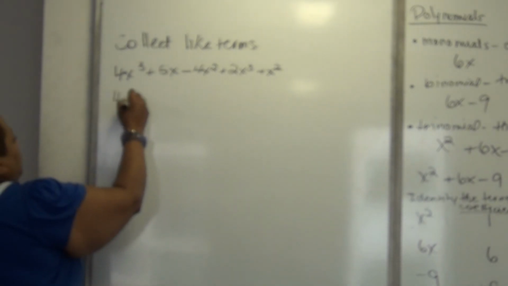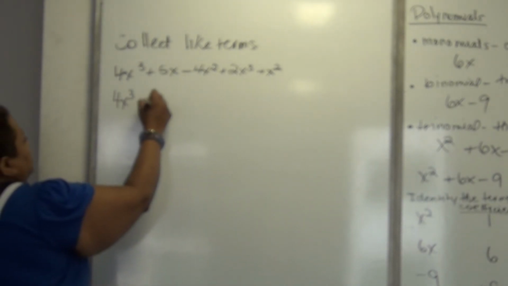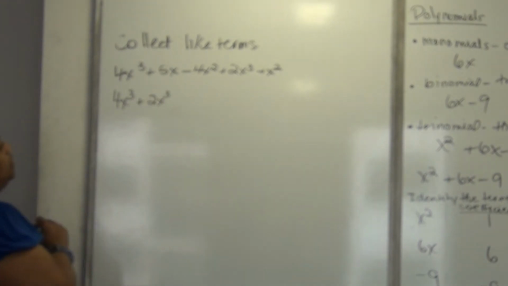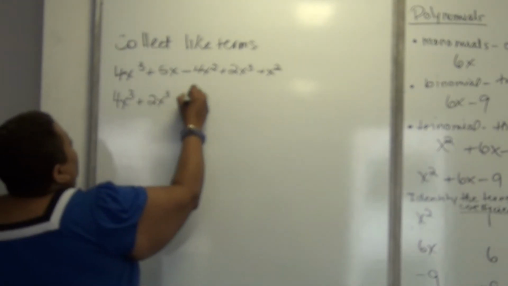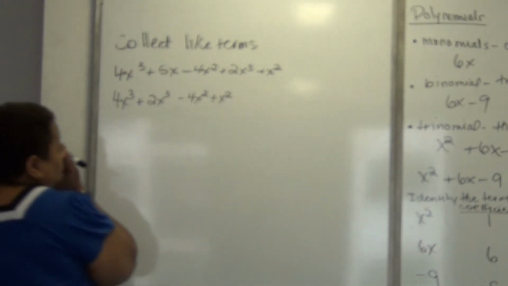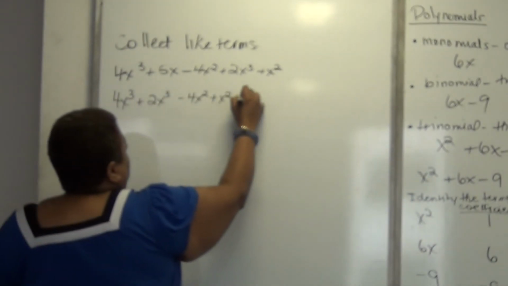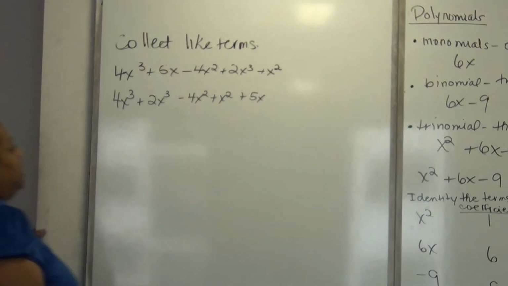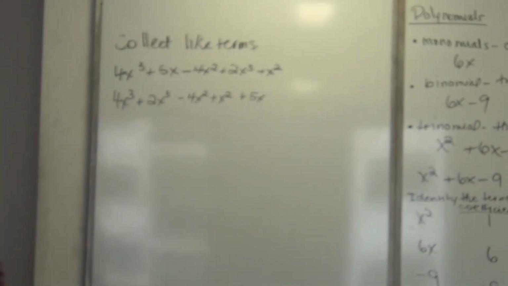So we have 4x cubed plus 2x cubed. Then we have minus 4x squared plus x squared. And then we have our last term, which is plus 5x. Now if you notice, at the same time I put my like terms together, I put them in order according to exponent.